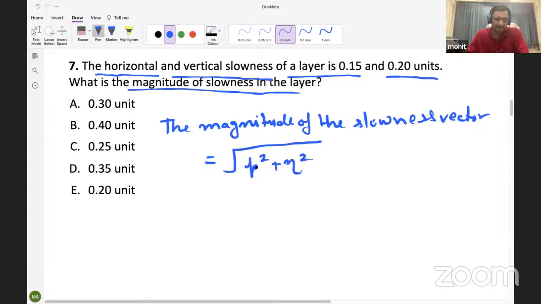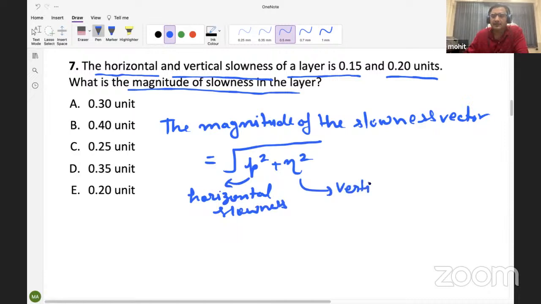So P is your horizontal slowness and eta is your vertical slowness. So we can write this is your horizontal slowness, and this is your vertical slowness. And values of both are given.